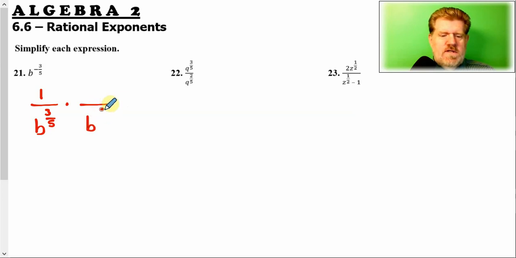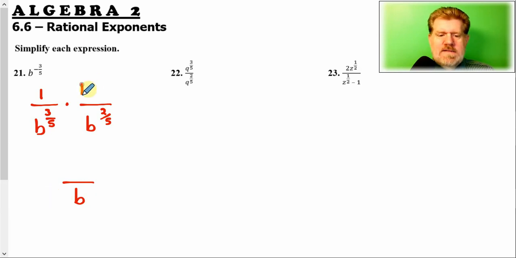Well, I'm going to put this on there and see what you guys think. If I multiply b to the 3/5 times b to the 2/5, what happens with these? When you add them together, what's 3/5 plus 2/5? Well, it's 5/5, which is 1. So now we just have a b on the bottom with no exponent.